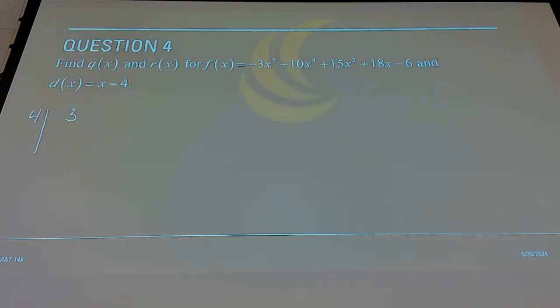Negative 3x. 5x. That's not the coefficient. Oh, 10, 15, and 18. Keep going. What was it? 10, 15, 18, negative 6. Are you happy with that?